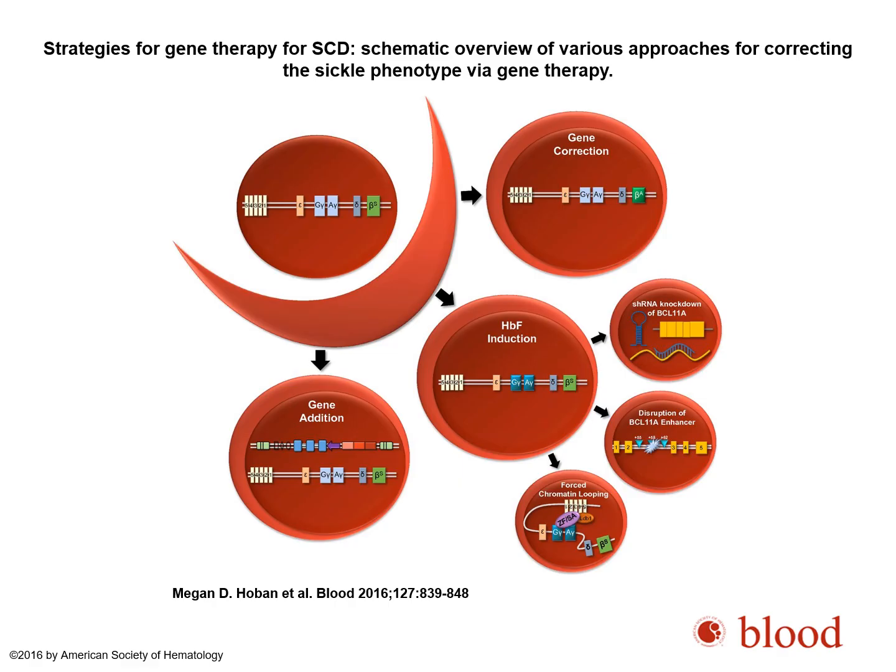Now, there are multiple ways to do this. One can either correct the gene, and this has worked in vitro but not in vivo, and one could do several other things.